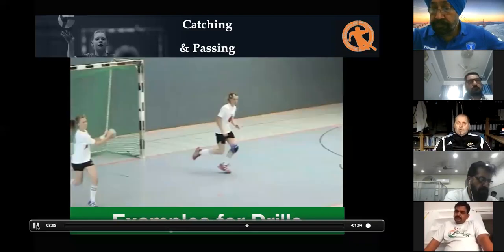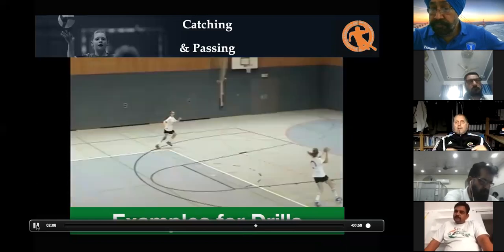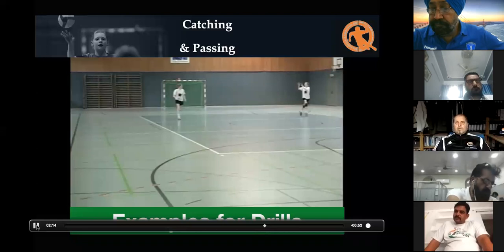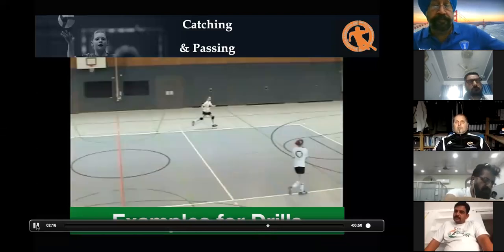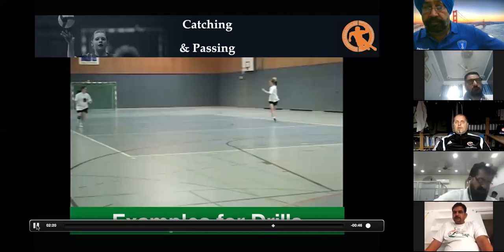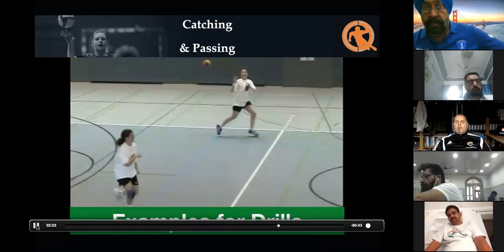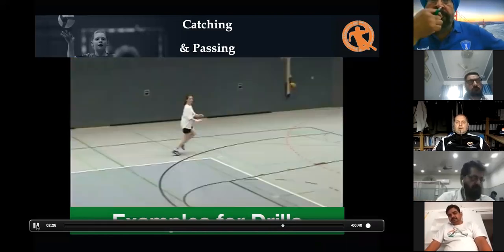So they need always to variate the power in their passing. So now they open up to the corner of the right and the left side of the court. Longer passes are required now.